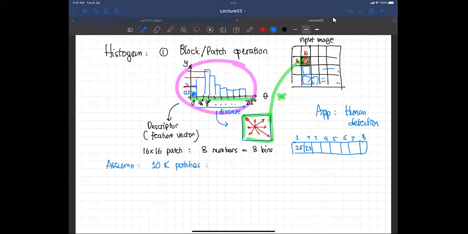It will be 80K. The length of your descriptor will be 80K because you concatenate every patch with each other. So for the whole image, you will have a vector with a length of 80K if you have 10K patches.